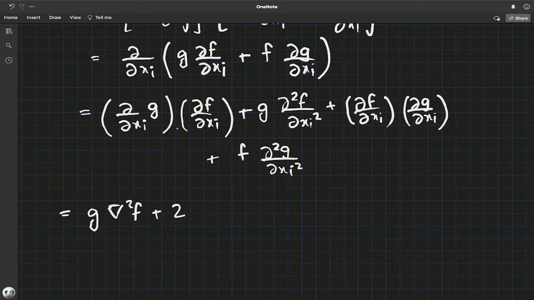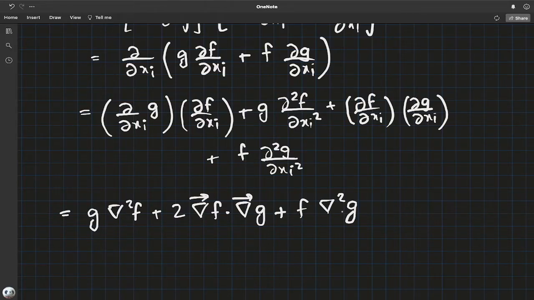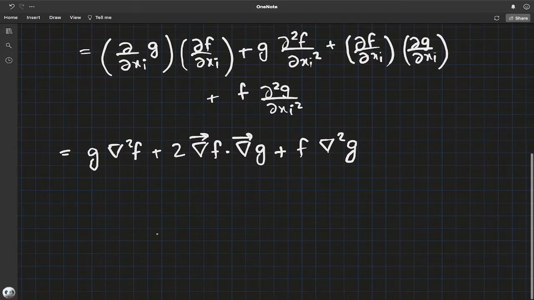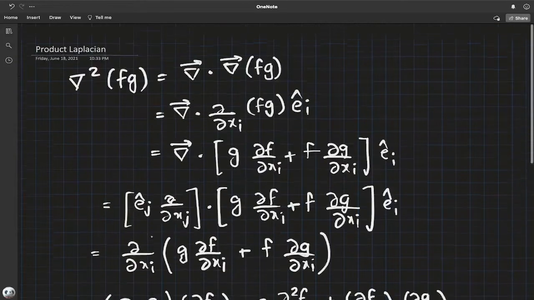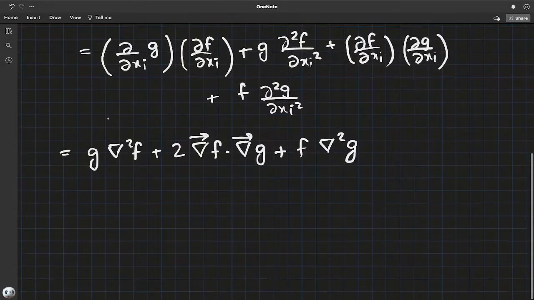They have the same index and they're multiplied together. So this is the gradient of f dotted with the gradient of g, plus this last term is just f Laplacian g. So that is what this guy equals.